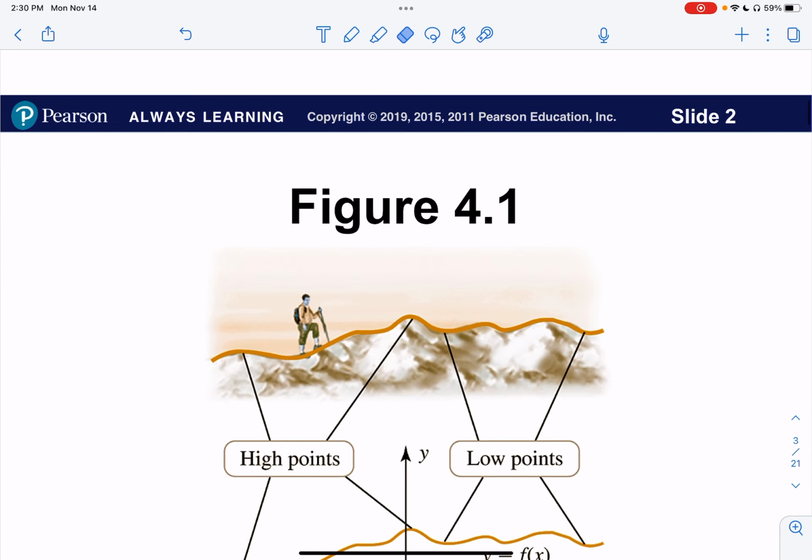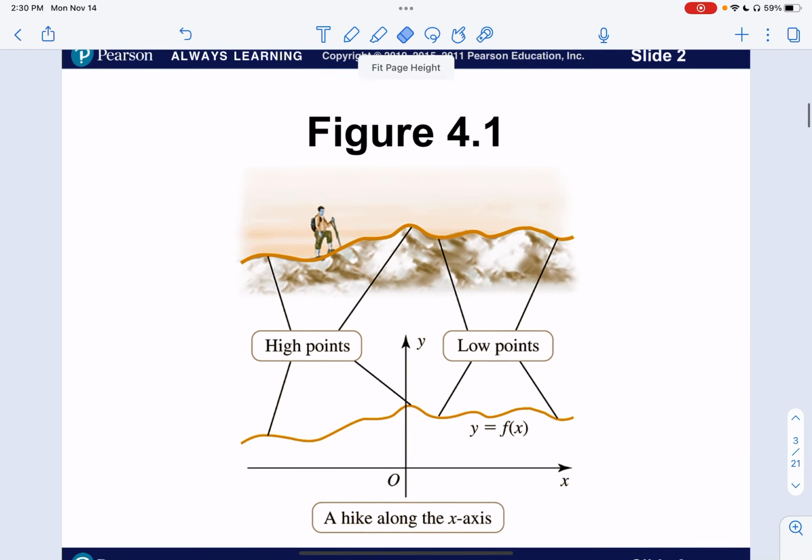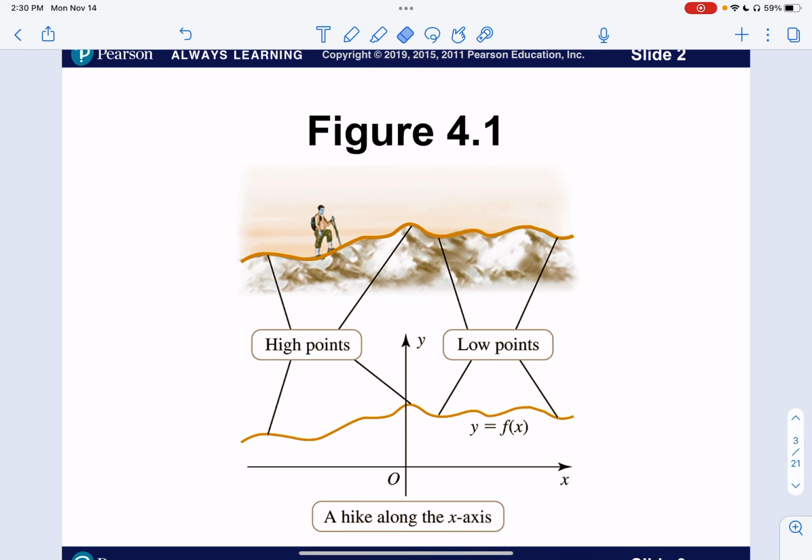Alrighty, so if we take a look at this picture, think about absolute extrema kind of like hiking a path, where the distance is in the x direction that we're walking, and the y values are the elevation. All this picture is really trying to tell us is that we have low points here, and what they've done is take this elevation up here and move it down here to a graph.